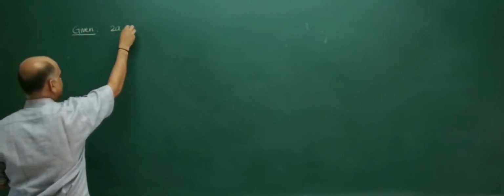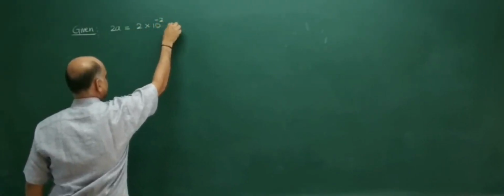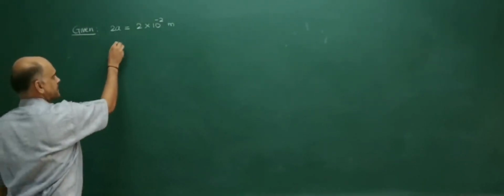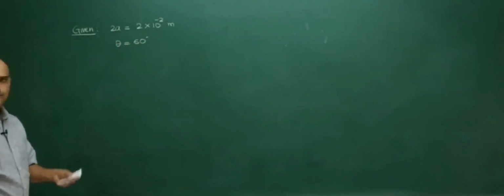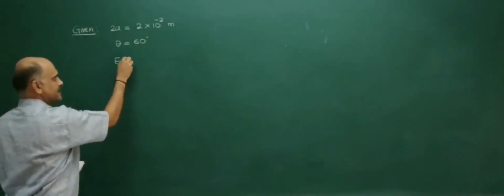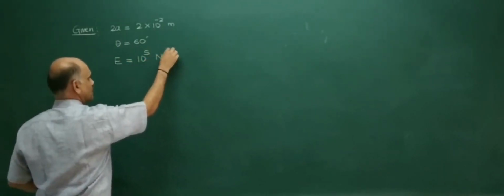So we go for the next problem. An electric dipole of length, so he has given the length of the dipole, that is 2a, equal to 2 centimeters, meaning 2 into 10 raised to minus 2 meters, is placed with its axis making an angle of 60 degrees, so theta is equal to 60 degrees, to the uniform external field E, which he has given as 10 raised to 5 newton per coulomb.